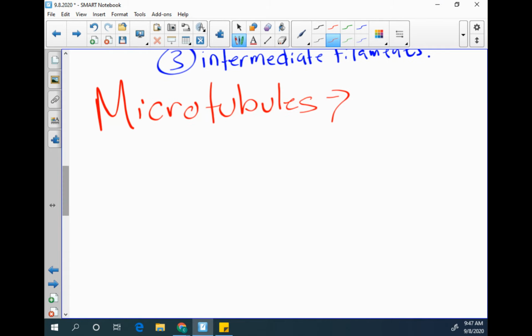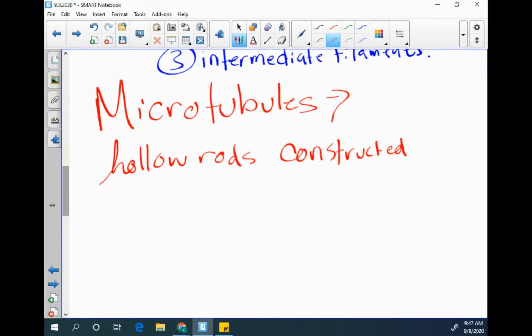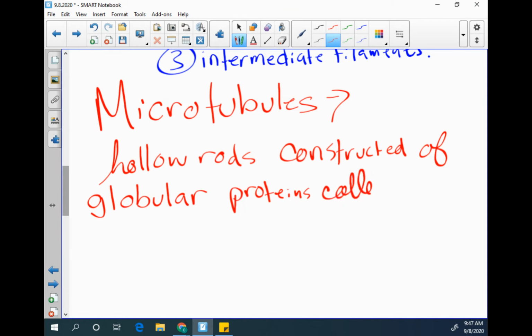Microtubules are hollow rods constructed of globular proteins. Globular, fun word to say, proteins called tubulins.